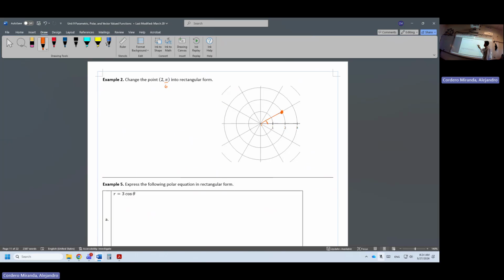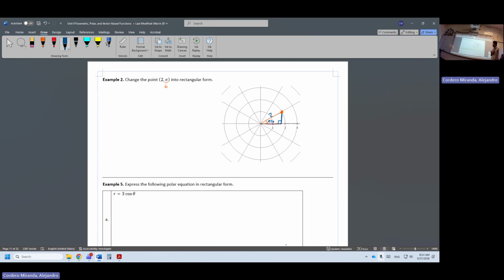James is talking about a hypotenuse because what we want is this x coordinate, which is just this length, and this y coordinate, which is just this length. So he's saying this makes a right triangle, and I already have that the hypotenuse is 2, and I already have that this angle is pi over 6. So therefore, you can do some trigonometry and get the x and the y coordinate.